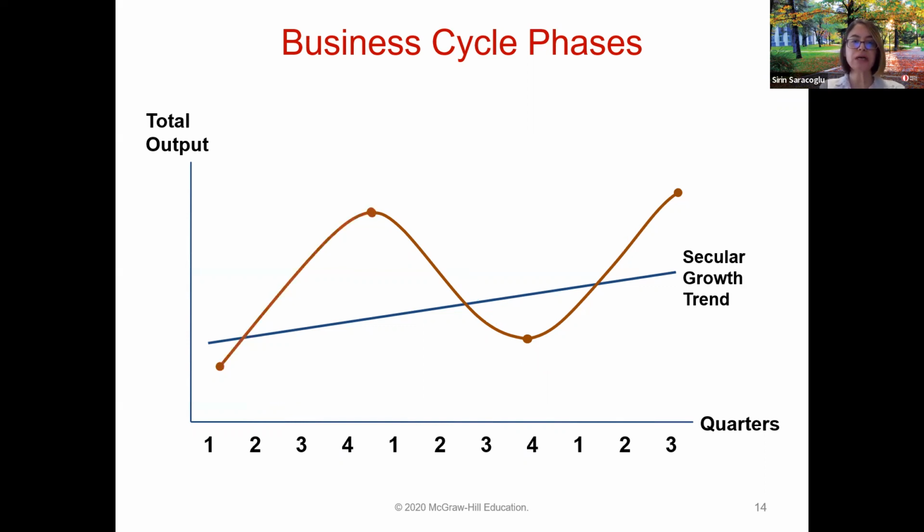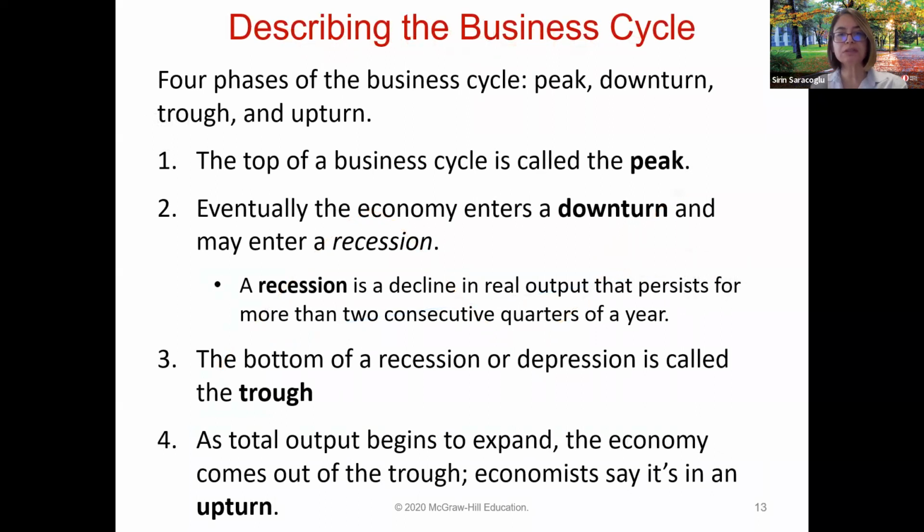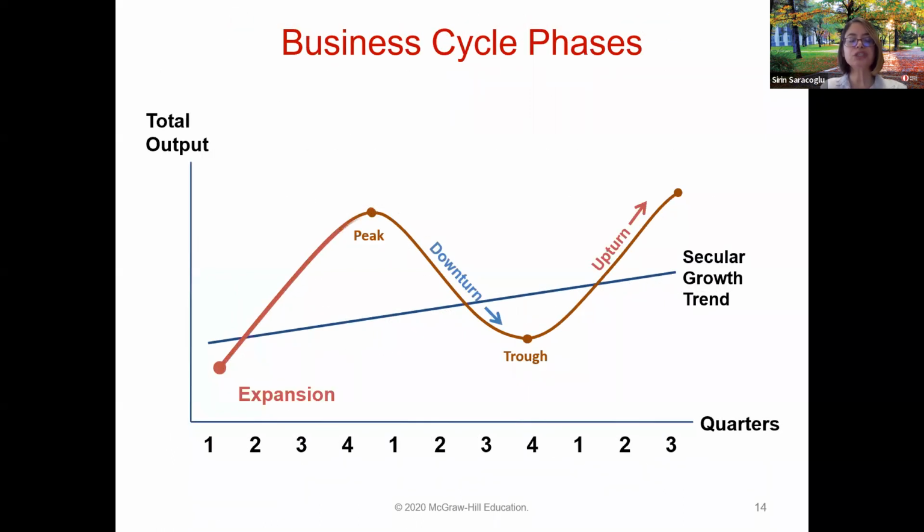Right here, the top of a business cycle is called a peak. And once you reach a peak, eventually the economy will experience a downturn and will enter a recession. And at the end of this recession, you will reach a trough, the lowest point of the business cycle.